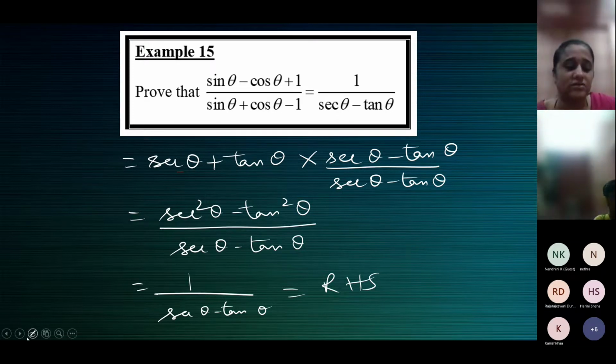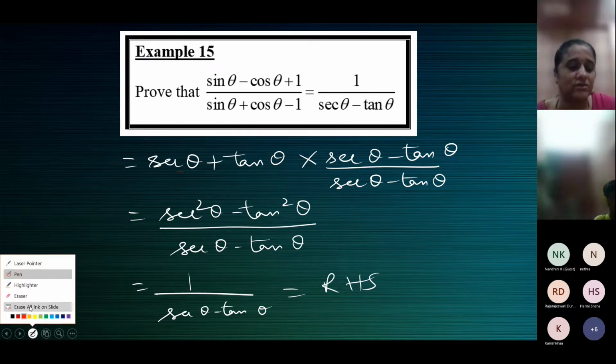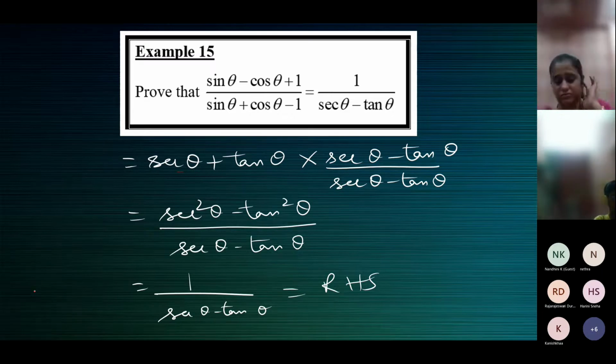The numerator is 1 by the identity, so you get 1 by secant theta minus tan theta, which is the RHS. So you have two ways of finishing the proof. You can either stop there and take up the LHS, work that, and show that the LHS is equal to the RHS also.